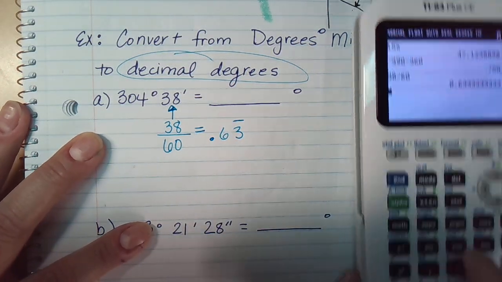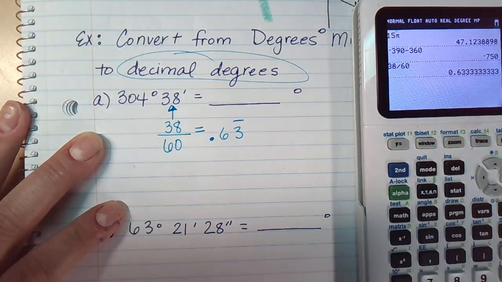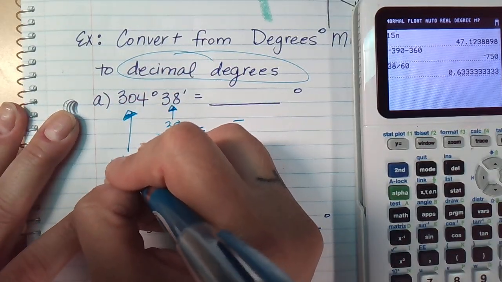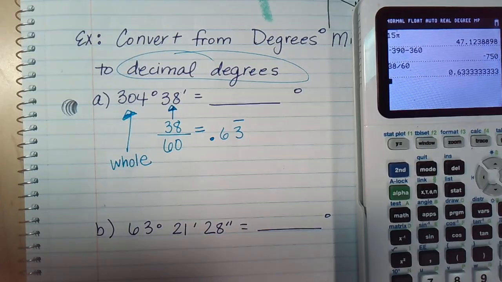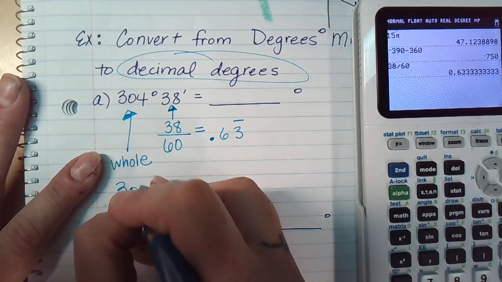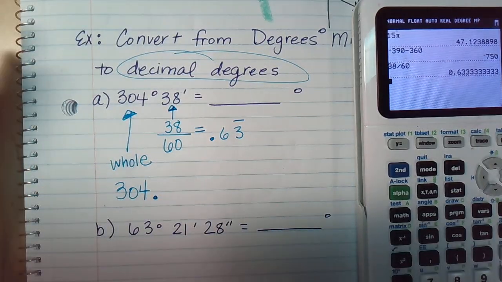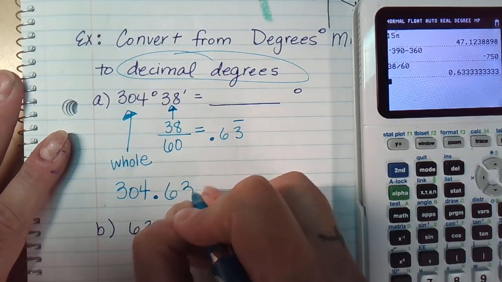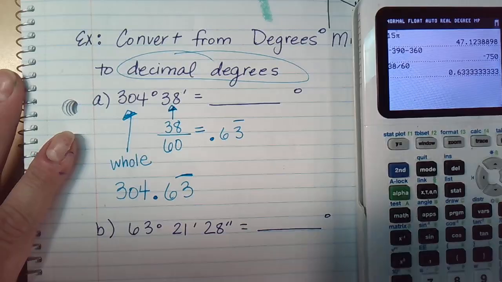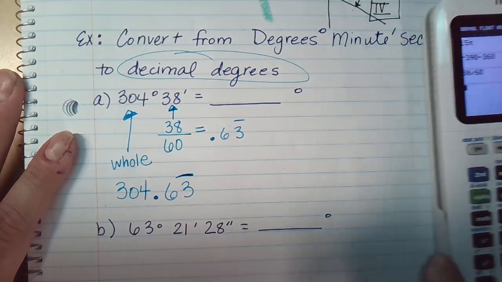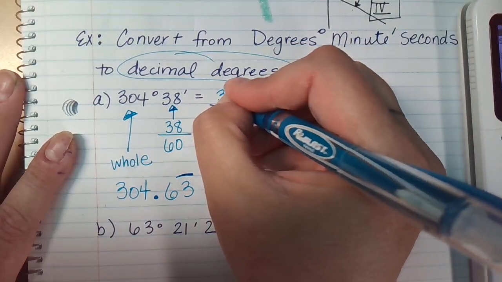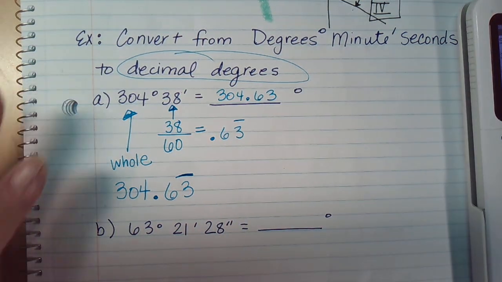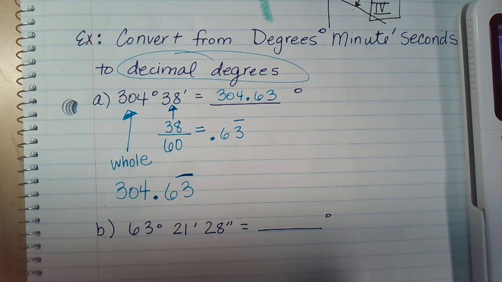So my decimal degrees is the 304, that's the whole part, to the left of the decimal. Then we're going to tack on that 63 to the right of the decimal. So our decimal degrees is 304.63.